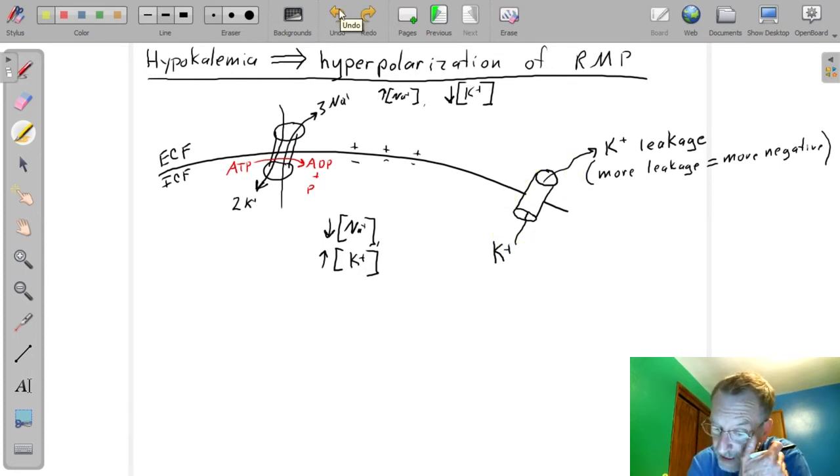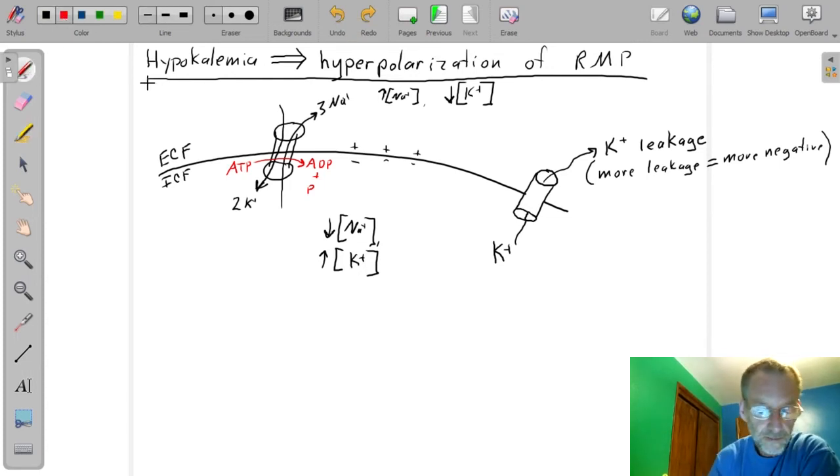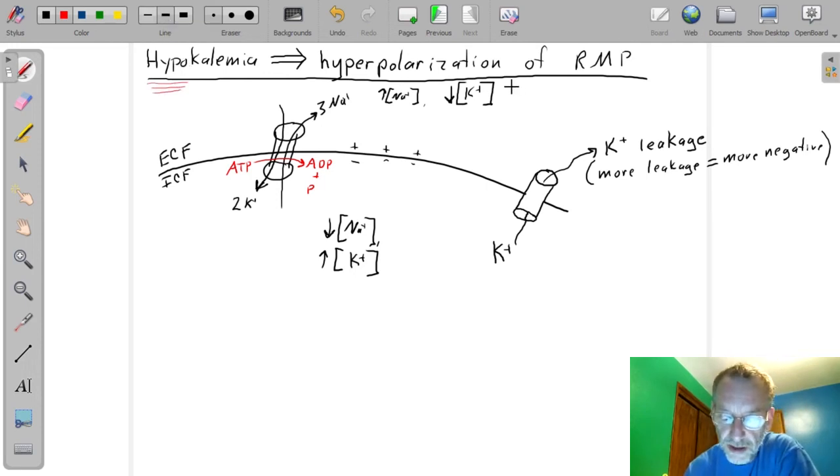So we now have hypokalemia. So with hypokalemia, we have even less potassium now. So I'll draw two down arrows. So where our potassium levels are not in the homeostatic range, we have too little potassium.